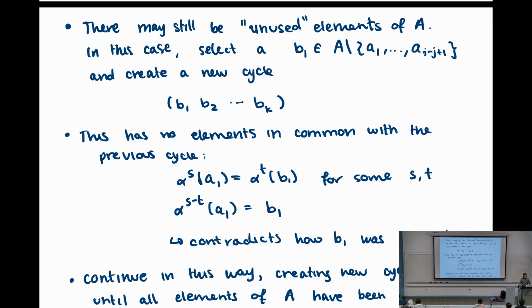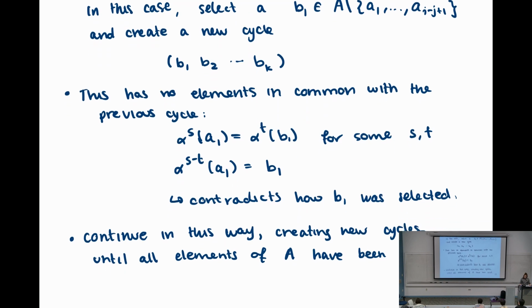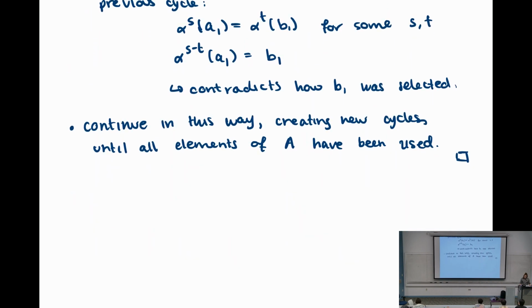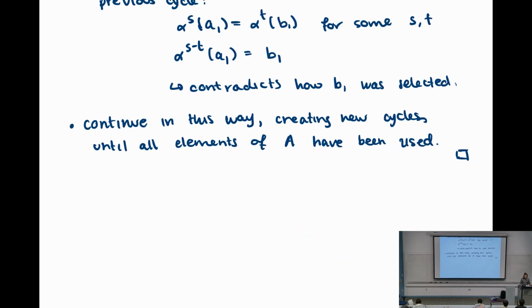Okay, so now we will prove that disjoint cycles commute, so it actually doesn't matter what order you write these disjoint cycles in.